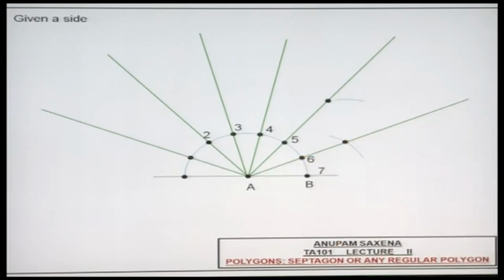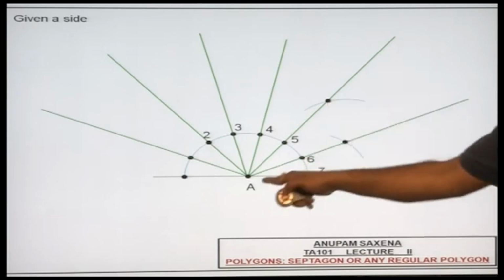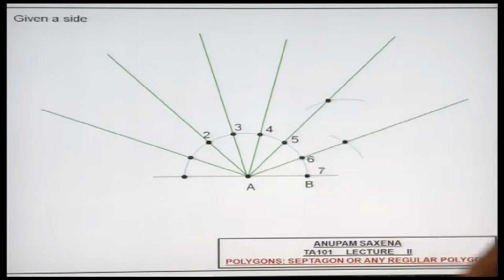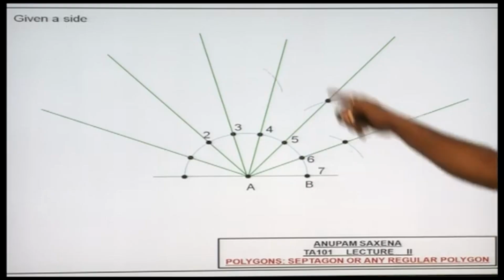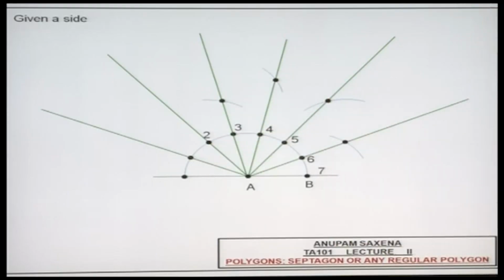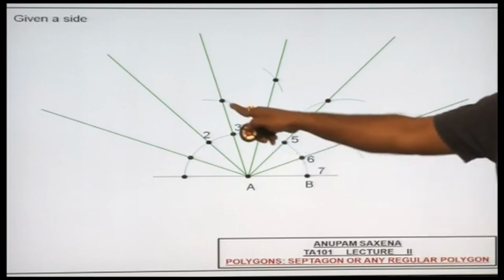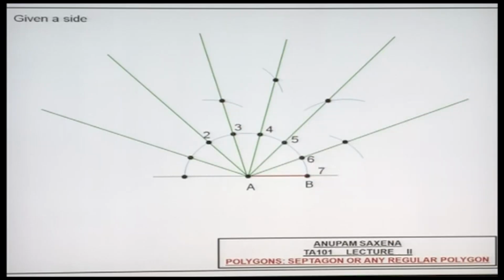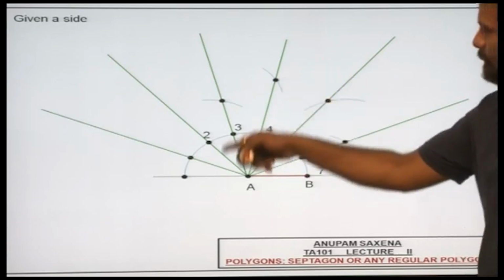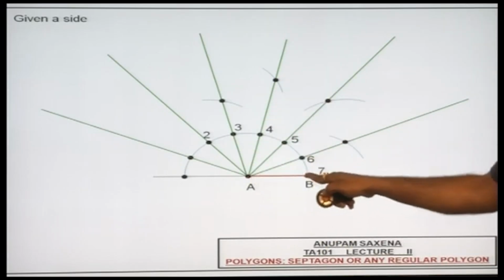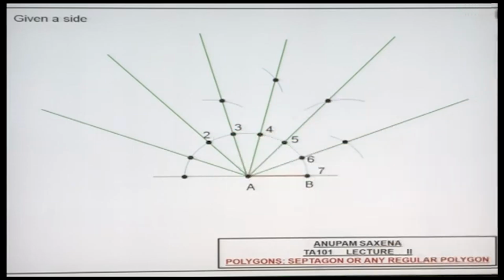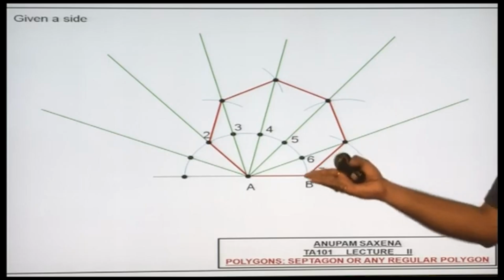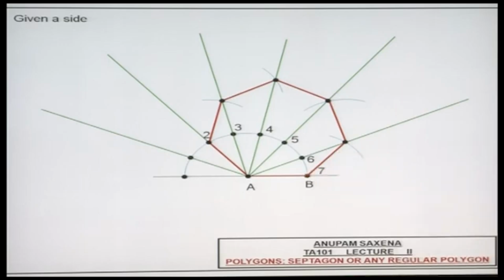With the same radius, mark a point on this line segment. With this as center, same radius, mark a point over here, and keep going until you mark a point over here. Once you have gotten all these points, vertex 1, 2, 3, 4, 5, 6, and 7, these are the 7 vertices that will essentially constitute your septagon. So this is a generic method that allows you to draw any regular polygon.